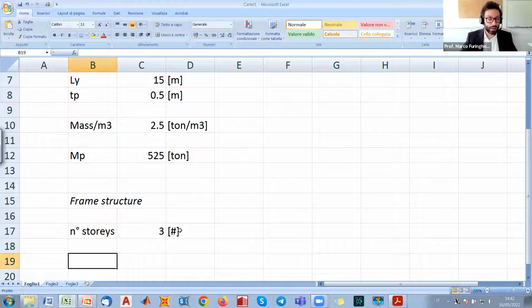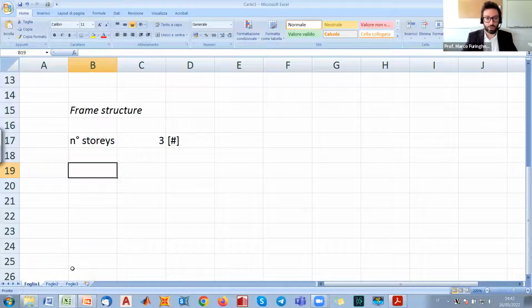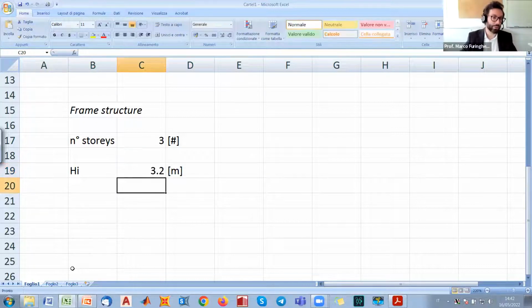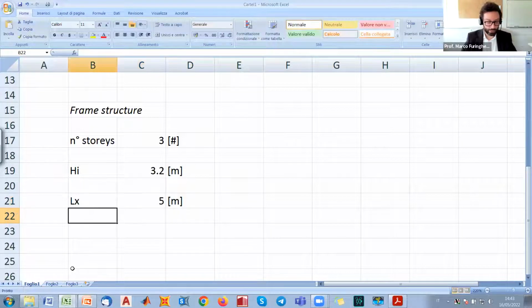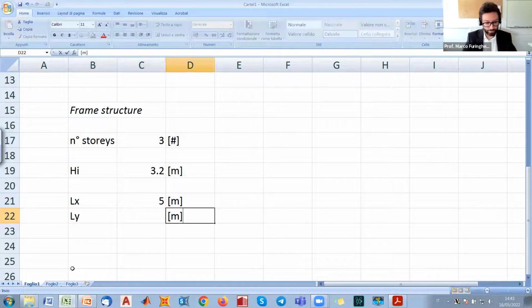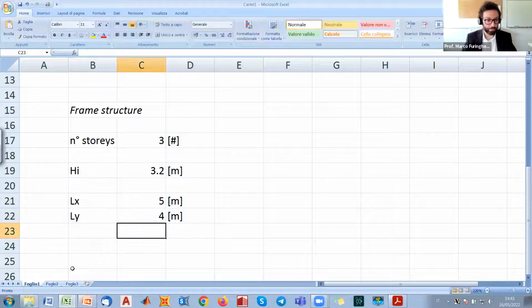So let's consider now all the beams and all the columns. We have the interstory height, which is 3.2 meters. Then we have the span length along the x direction, which is 5, and along the y, which is 4. Then we have the sizes of the sections.